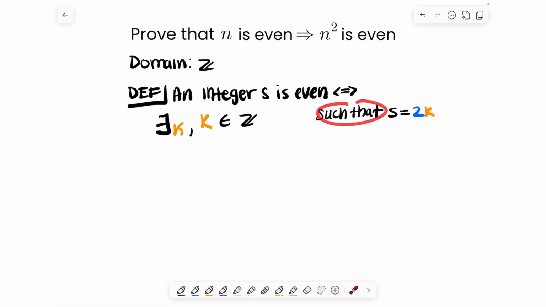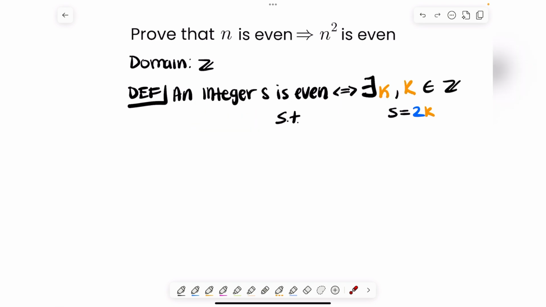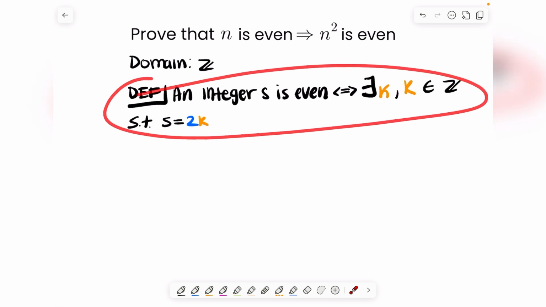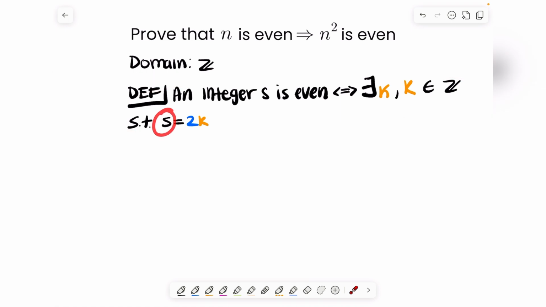And instead of such that, we can replace that with subject to, so s.t. This condition where s has to be equal to some other integer k times 2. And then we can move things around so that they're nice and compact. And there we have a nice simplified and less wordy definition of an even integer s.